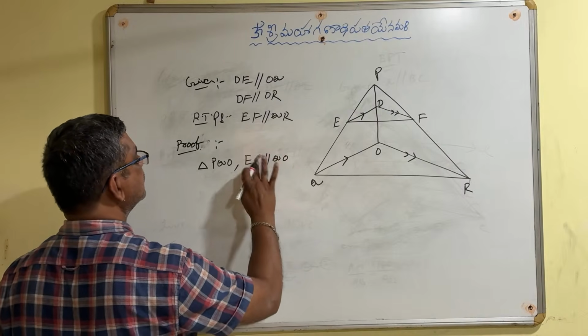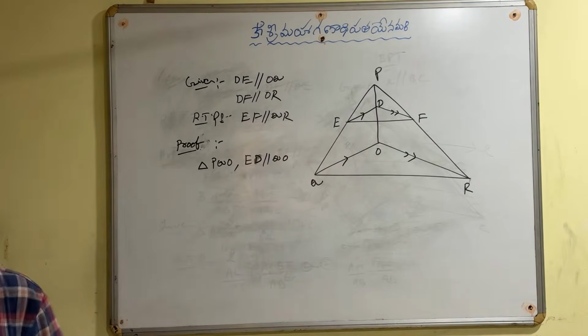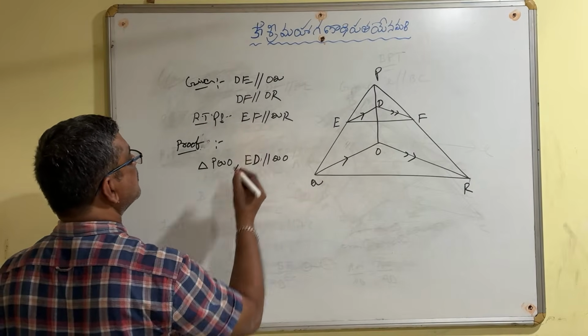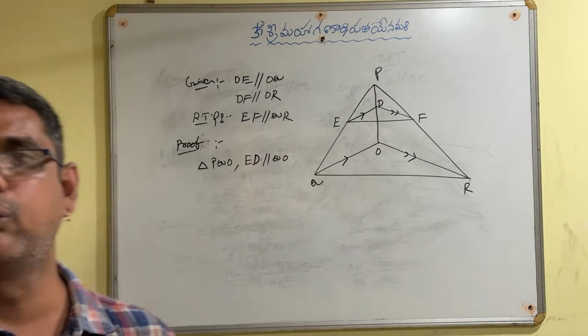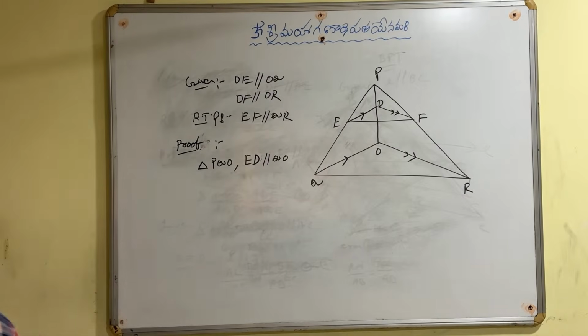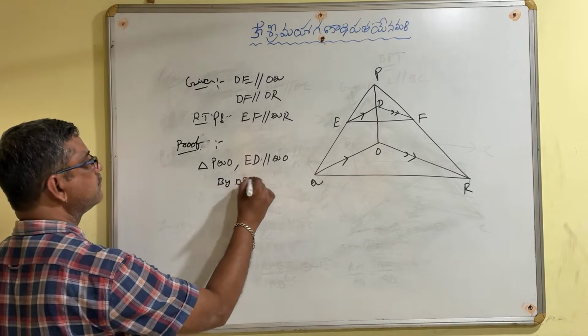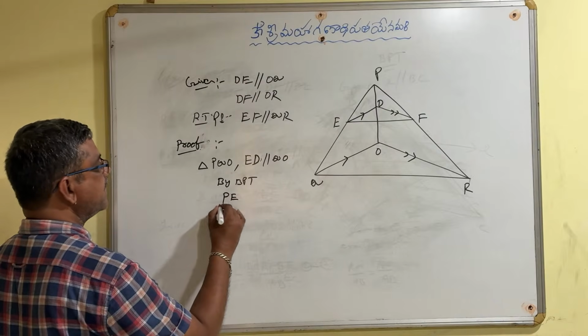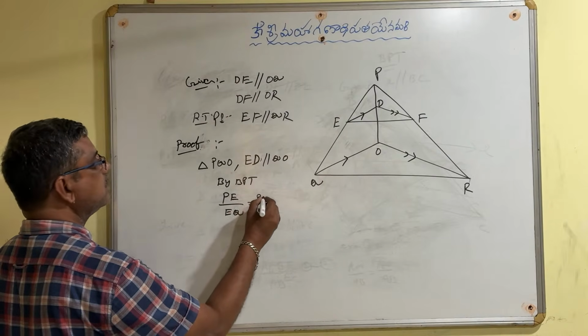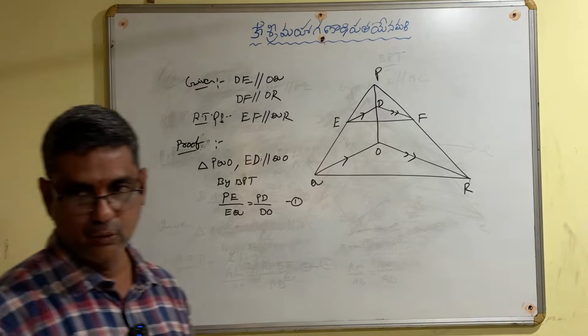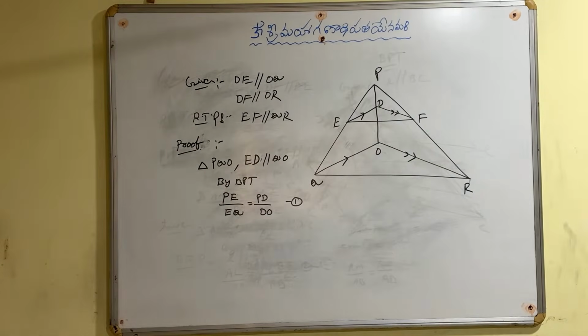Is that right? Now, can we apply the basic proportionality theorem there? By BPT, PE by EQ is equal to PD by DO.